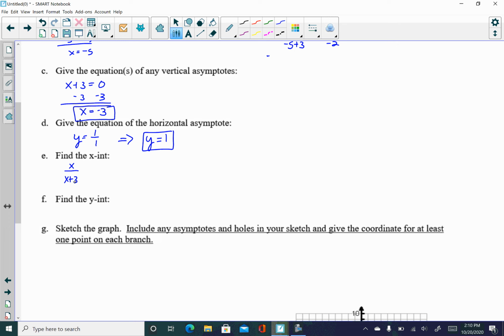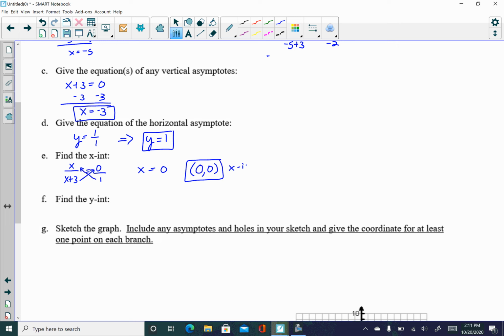For your x-intercept, remember you're setting your function equal to 0. You put a 1 underneath that 0 and cross multiply. 1 times x is just x, and x plus 3 times 0 is 0. So you have an x-intercept at 0, 0.